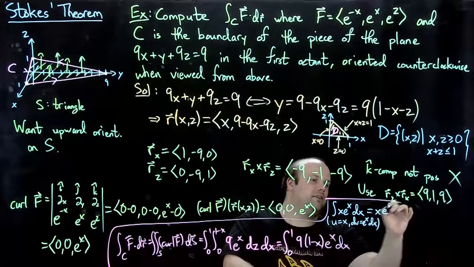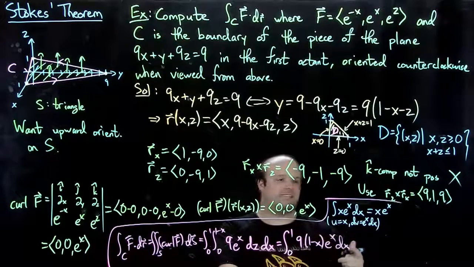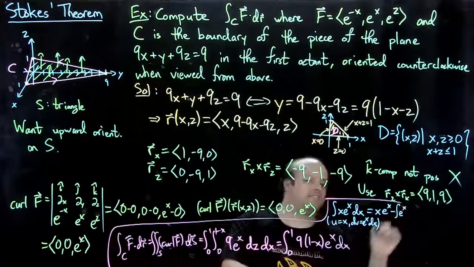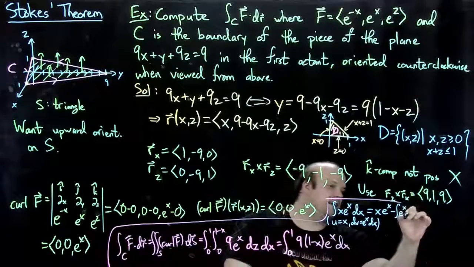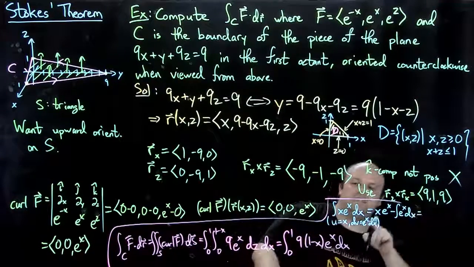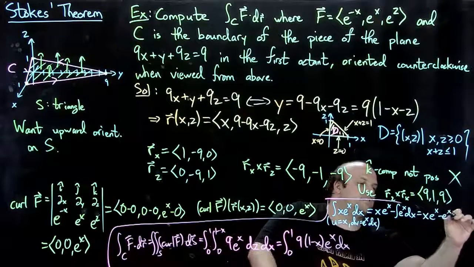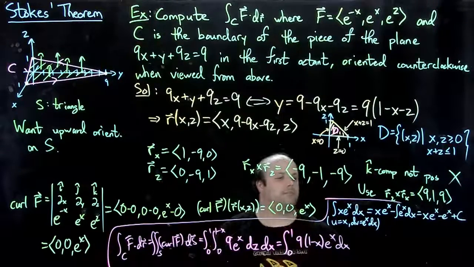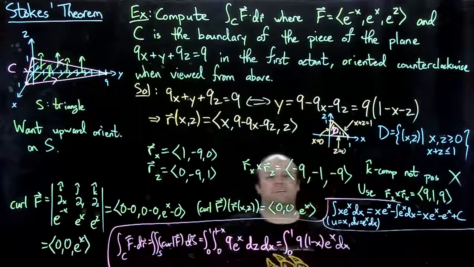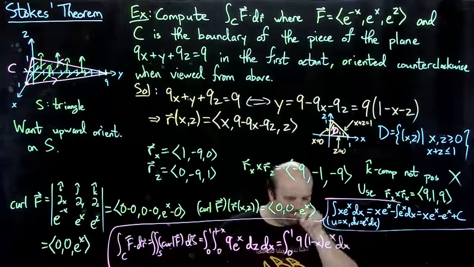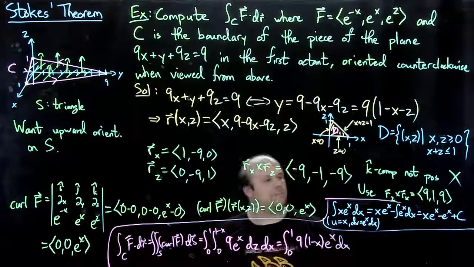So here's uv, and then minus the integral of v du. Well, v is just e to the x, du is just dx. So the integral of x e to the x is x e to the x minus e to the x plus c. Okay? So there's your little throwback to Calc 2.